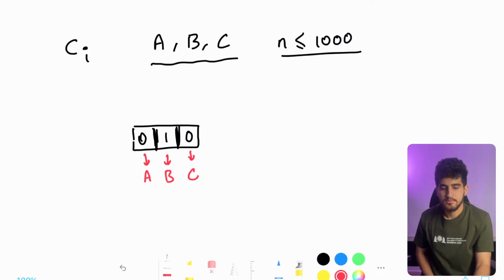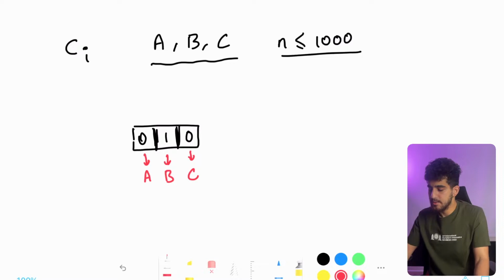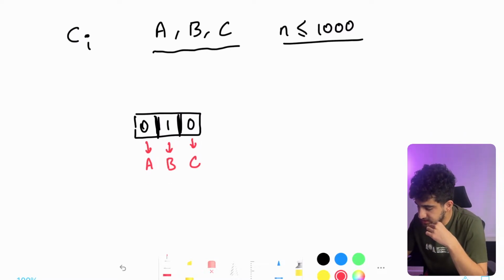So in this problem, at the end, we want to have all of the vitamins. For example, 0, 1, 0 in base 2 is equal to the number 2.